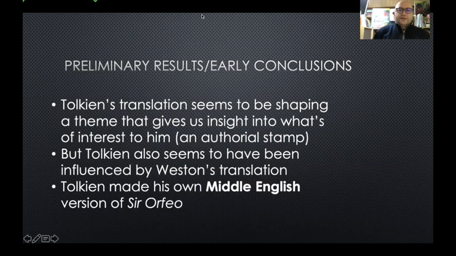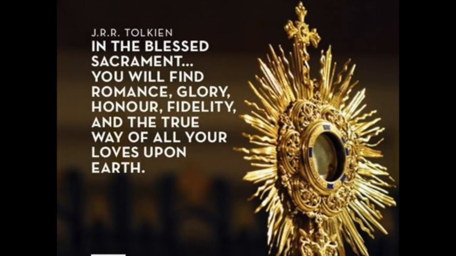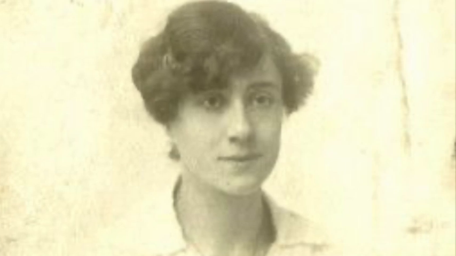So looking at some of the results, I believe that Tolkien's translation seems to be shaping some kind of theme that gives us insight into what's of interest to him, and in this case, his very devout Catholicism. Also, he seems to have been influenced by Weston's translation.